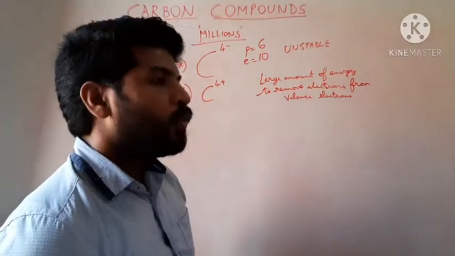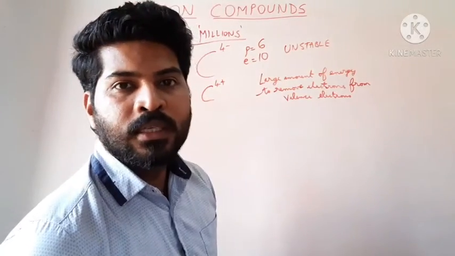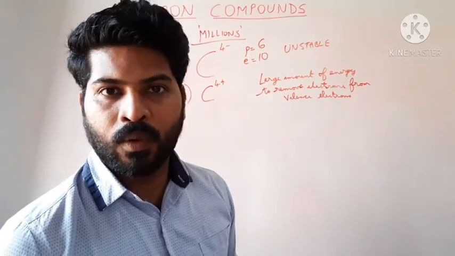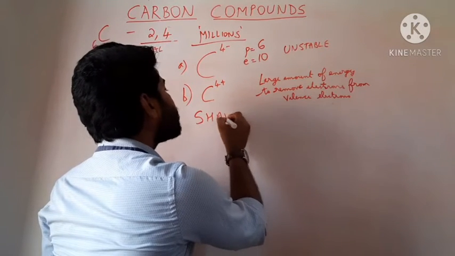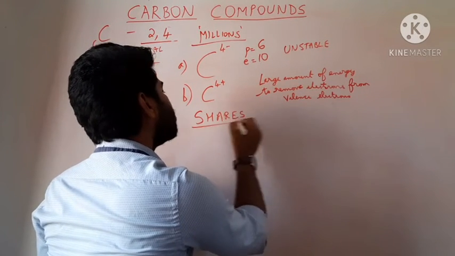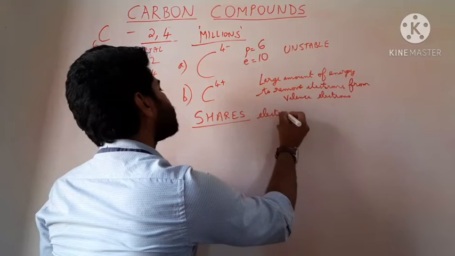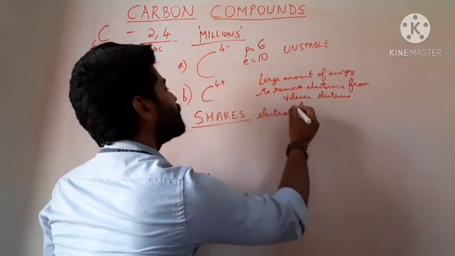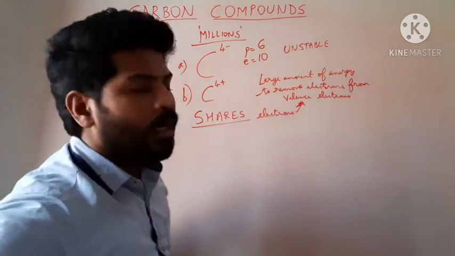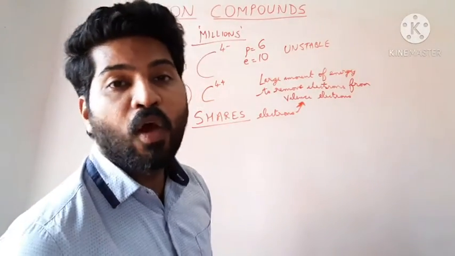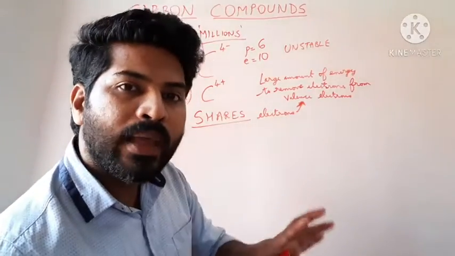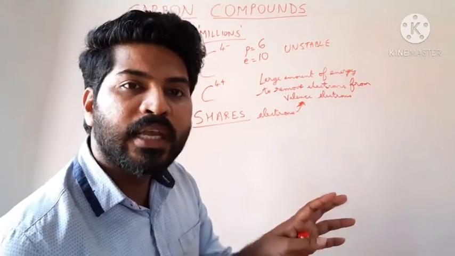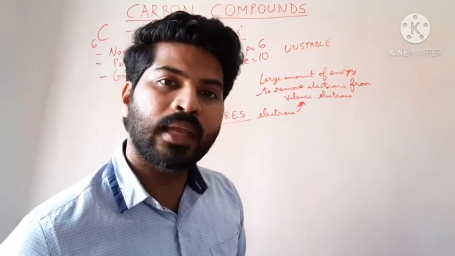So, to get out of this situation, what carbon does is share its electrons in the valence shell. Carbon goes for sharing of electrons. So, let us see how exactly sharing of electrons takes place.